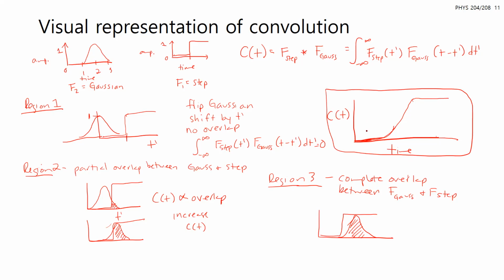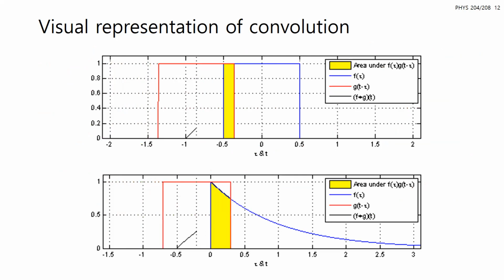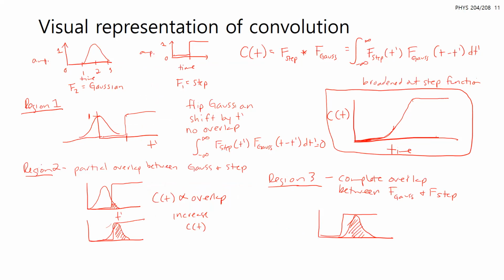So you can see that our sharp step function has been broadened out. The Gaussian has kind of blurred it out.